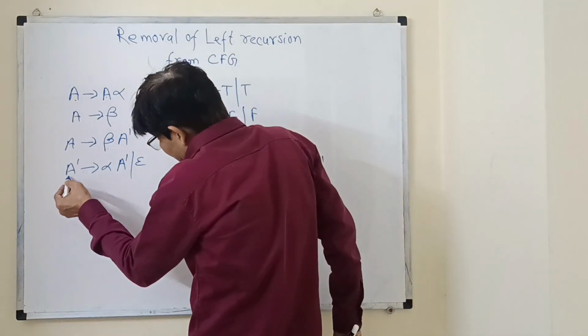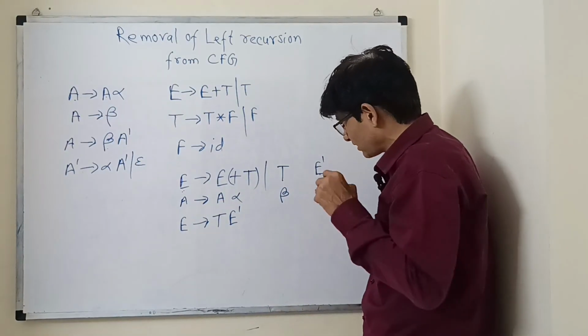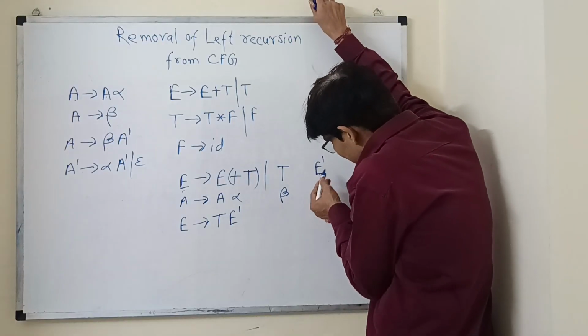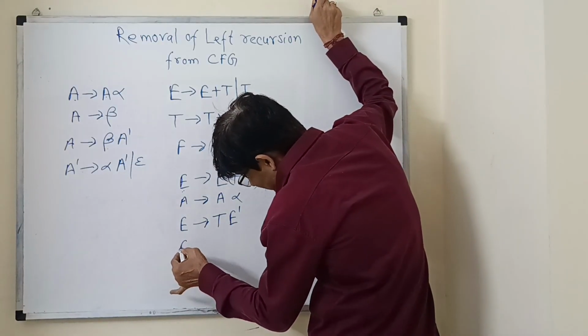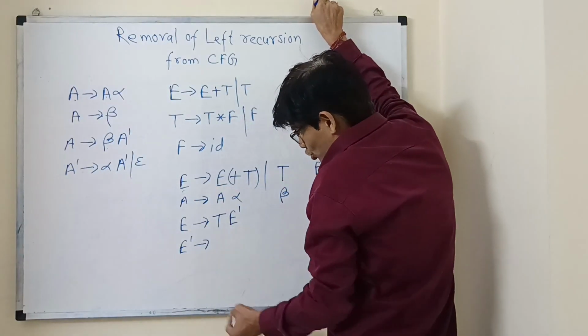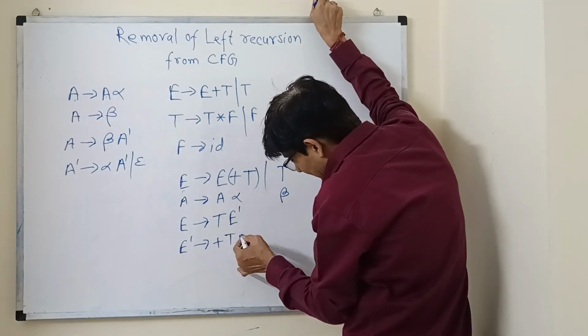Now A dash, the variable which we are adding to the grammar. We will write its production now. Here we are adding E dash, so the production of E dash is E dash gives alpha E dash. Alpha is plus T, so E dash gives plus T E dash.